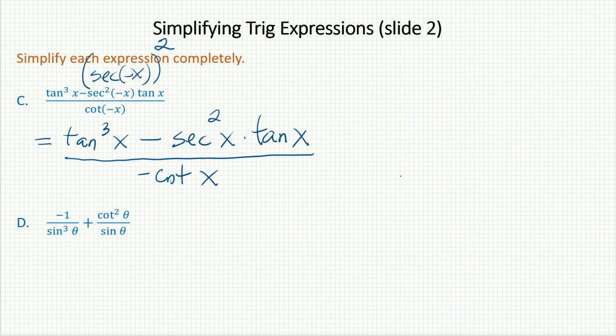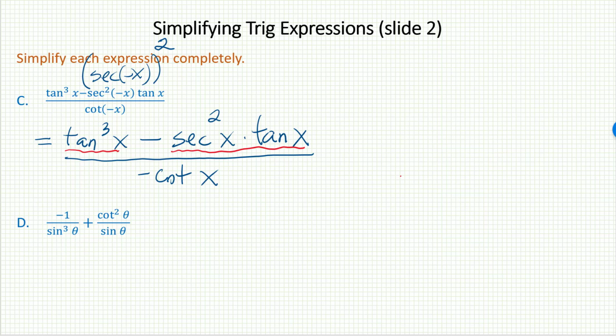Where do we go next? I already have a single fraction. I could think about switching to sine and cosine, but I don't have any sines or cosines now. That might be a big mess. Here's an algebra thing that I noticed that I could do. On the top, there are two terms separated by the minus sign. What I'm noticing is that each of the two terms has a common factor of tangent x.